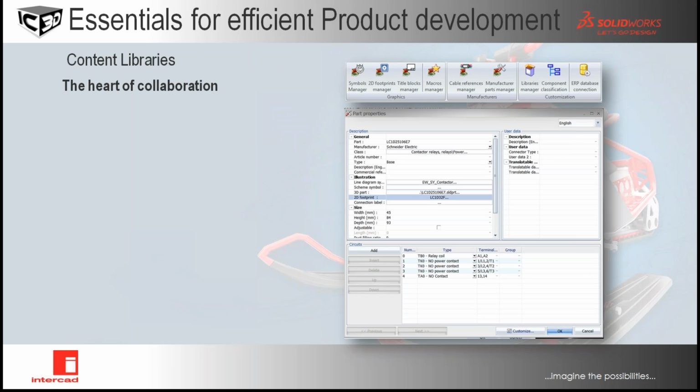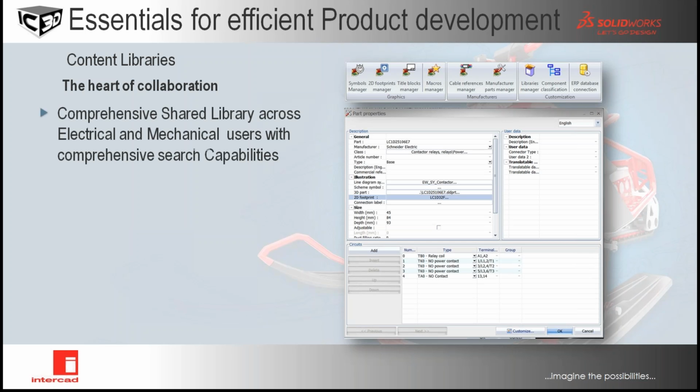How does it collaborate? Obviously, if it's a database-driven tool, there must be something in the database. In the database, there is a huge library of symbols covering not only electrical, but pneumatic and hydraulic as well, and also P&ID, and some other symbols relevant to the harnessing industry for automotive and mobile type industries.